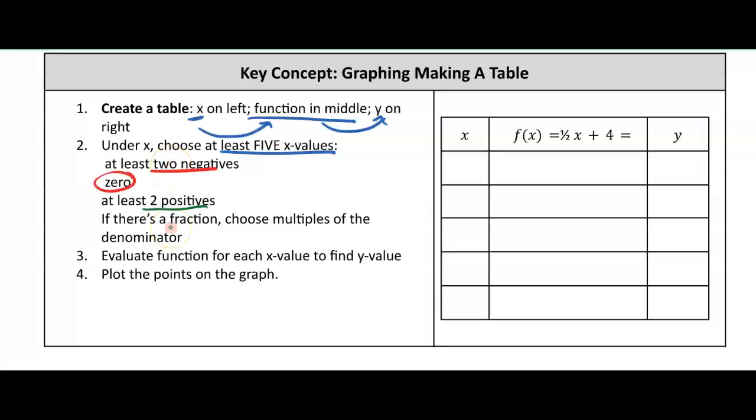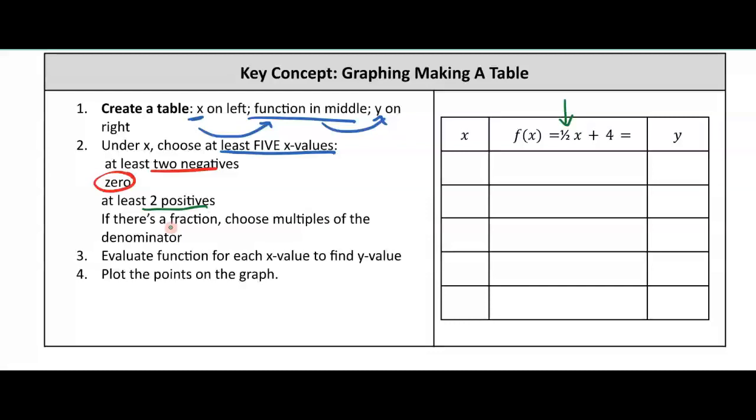And then a good strategy, if your coefficient of x, so you'll see in this case, my coefficient of x is a fraction, is if we have a fraction and we chose an x value like 1, then when we multiply that x value times a fraction, we're going to get fractional or decimal values, and those get really hard to graph on a little ordered plane, and that can cause some errors, especially later when we try to solve things with graphs.